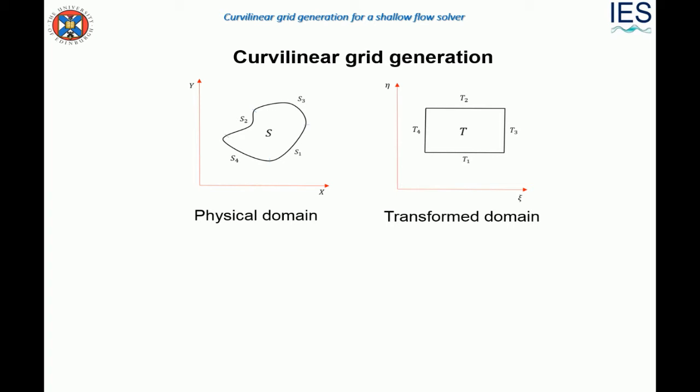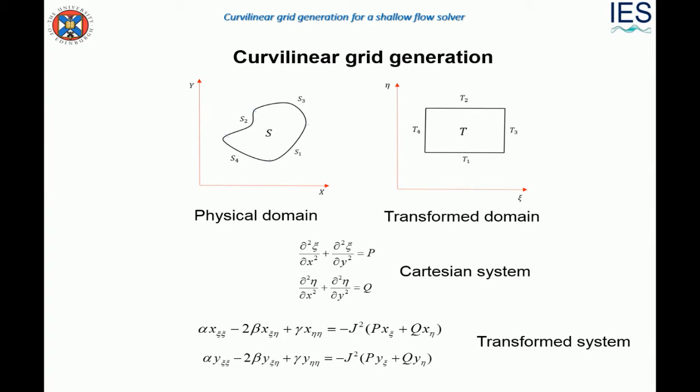By applying an elliptical partial differential equation such as this equation, Poisson equation, or Laplace equation, or Helmholtz equation. We have to rewrite the governing equation for the transform system. By applying the Jacobian transformation or chain rule, we can rewrite the equation.